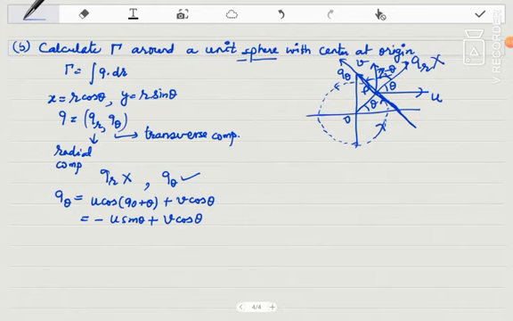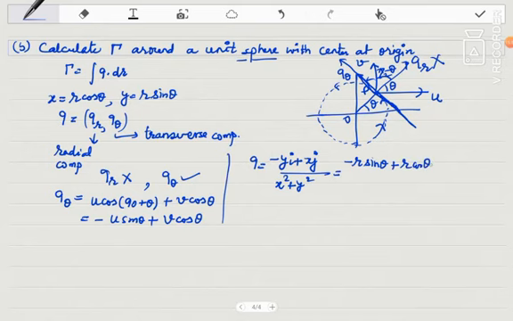What are u and v? It is given that q is equal to minus y i plus x j upon x square plus y square. So if I put the values of x and y, I'll get minus r sin theta i plus r cos theta j upon r square into sin square theta plus cos square theta.